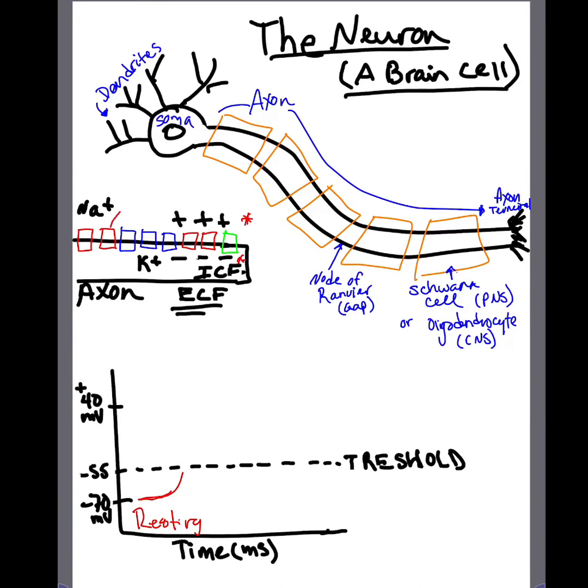As sodium keeps entering the cell, it keeps making it more positive, and now this is considered a depolarization. The cell membrane is considered to be depolarized because now there's more sodium on the inside, making it more positive, and so that reaches approximately plus 40 millivolts.